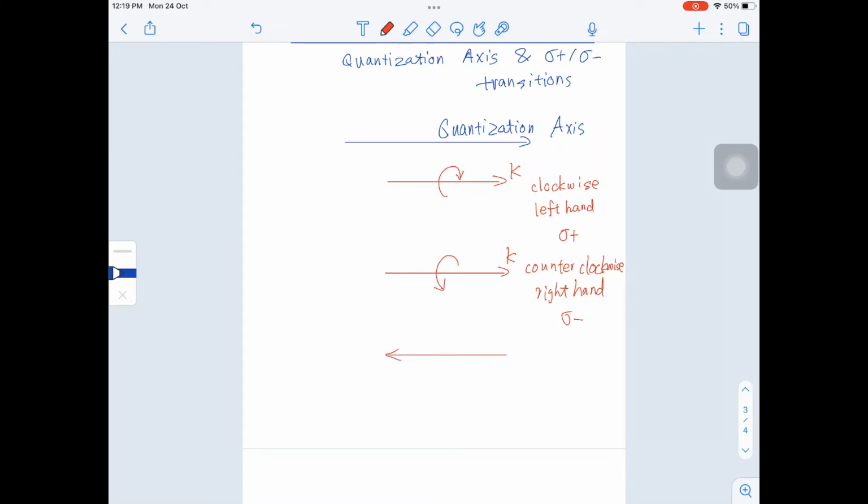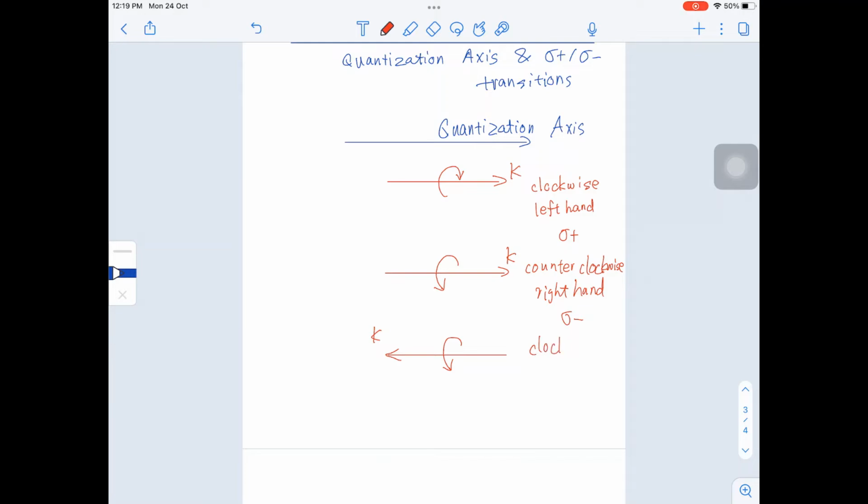Okay. Let's say now the light propagate anti-parallel to your quantization axis. We again use left hand first, which is this way. Left hand, and therefore it is clockwise.